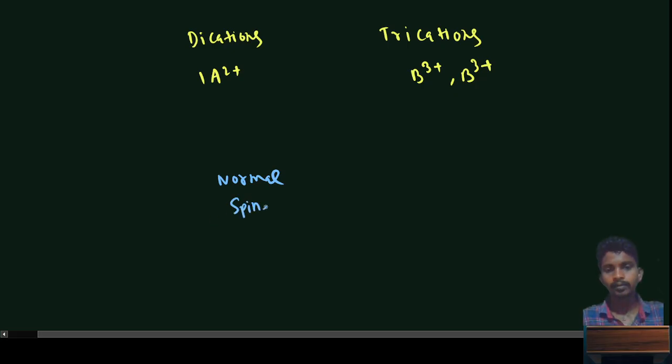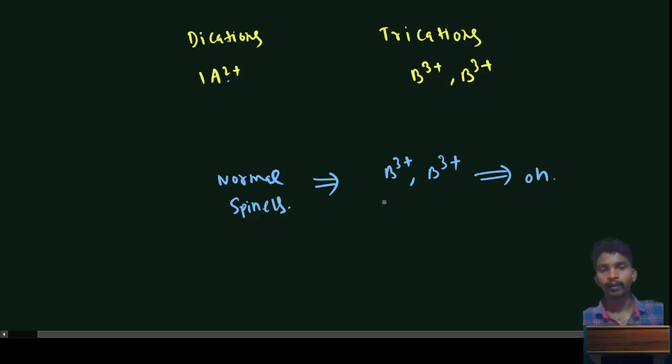For the normal spinel, out of these, the trications will go to the octahedral voids, that is both B3+ will go to the octahedral voids, but the dication will go to the tetrahedral voids. Then this is called the normal spinel.